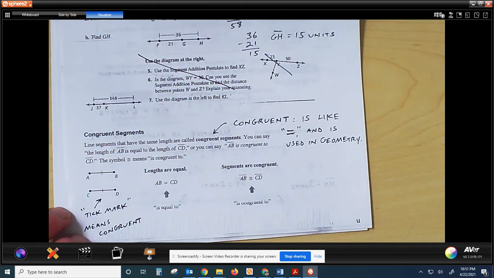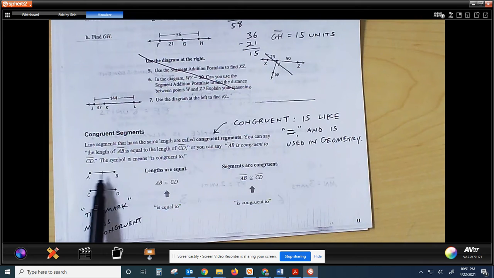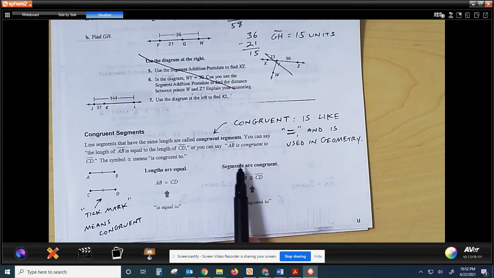If the length AB is congruent to CD, the lengths as numbers are equal, and the segments as geometric vocabulary, pieces of geometry, are congruent. AB is congruent to CD as a line segment.